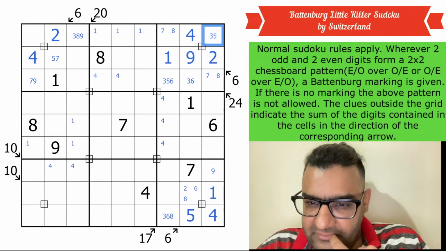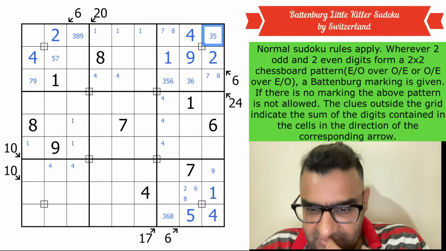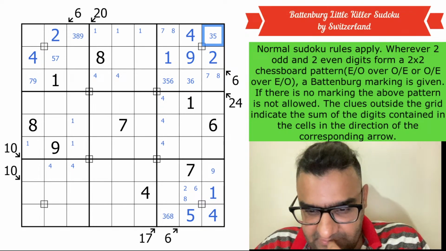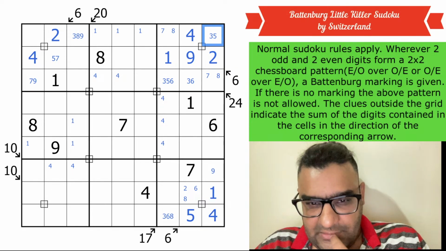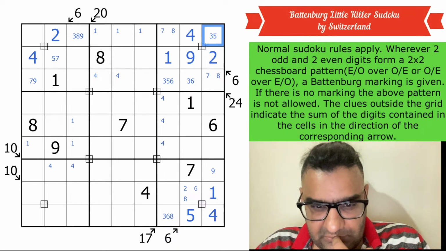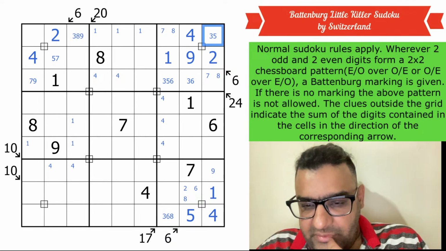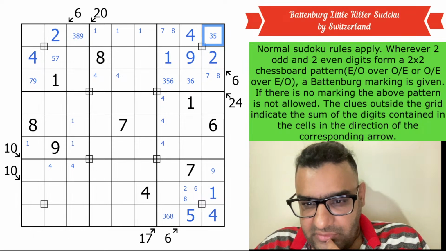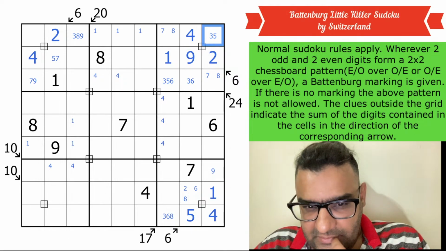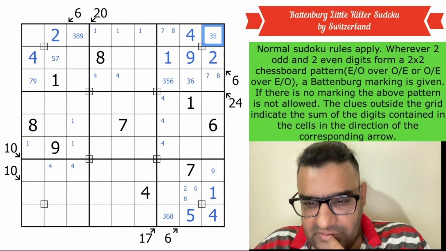So this is 5, 3, 6. We already have three in three places, five in two places, six also in two places.